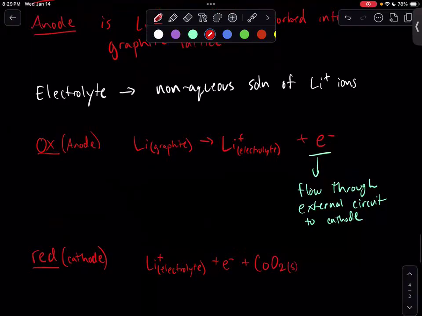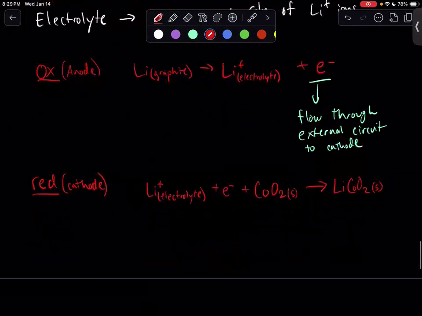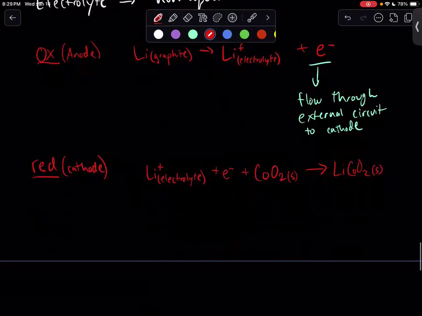That's a solid. Now, together we finally form our lithium cobalt oxide solid, which is where it gets named lithium cobalt oxide battery. So when we look at this, these are the specifically discharge half equations.